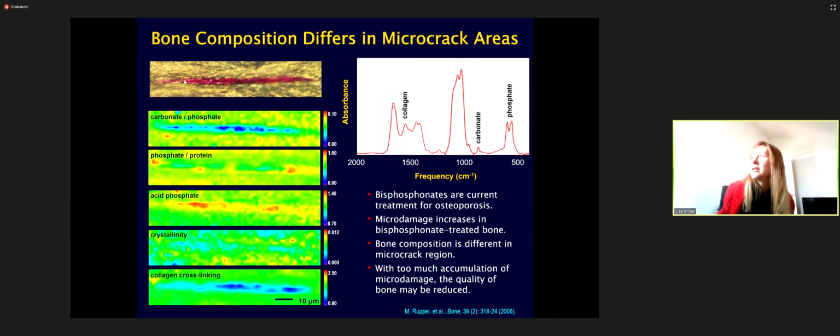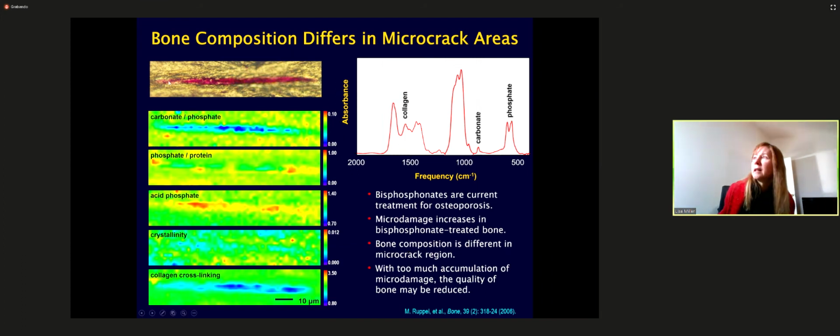So what we wanted to do is look at the chemical composition of the bone around the microcrack. And that's what these images are all right here. We were looking at the carbonate content, the phosphate, the acid phosphate, crystallinity, and collagen cross-linking. And what we did find is that the bone composition is different around the microcrack.